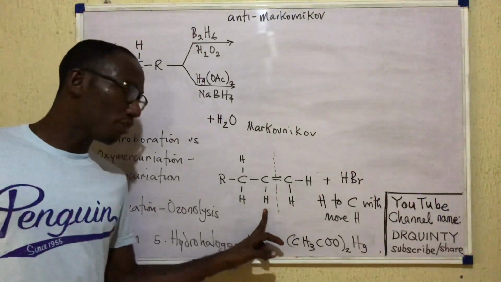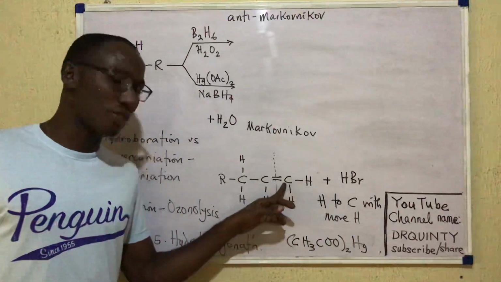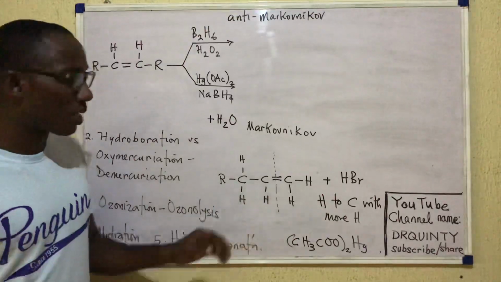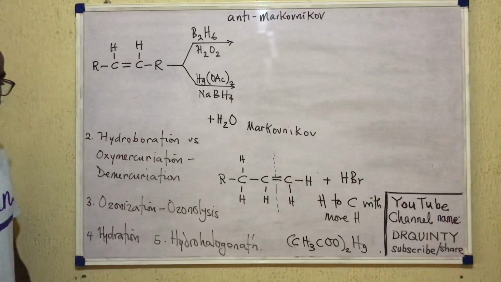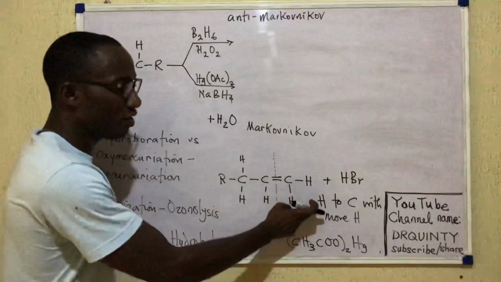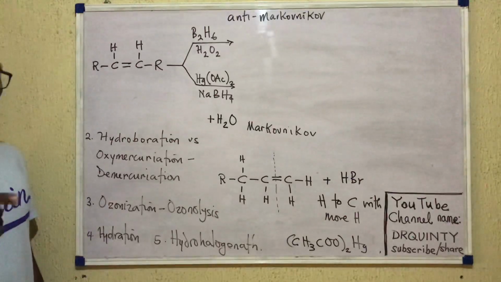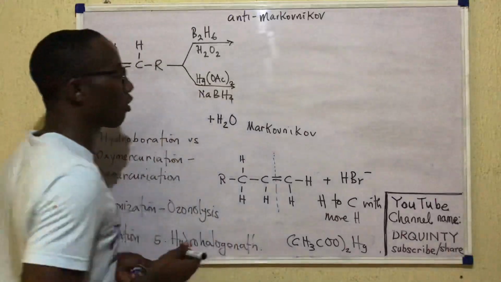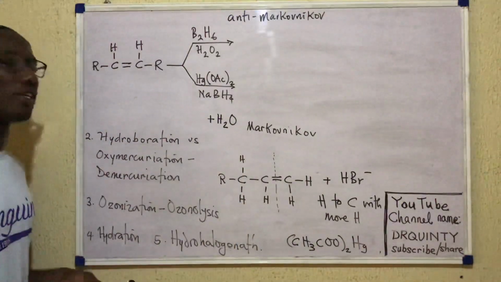So by Markovnikov's rule, I am going to give this H of the HBr to this first carbon so that it becomes a CH2, whereas the second carbon will be the one to receive the bromine. So that's Markovnikov's rule. It's all about giving H to the carbon that already has more H, or you say, giving the negative part of the incoming compound to the carbon that already has less H.